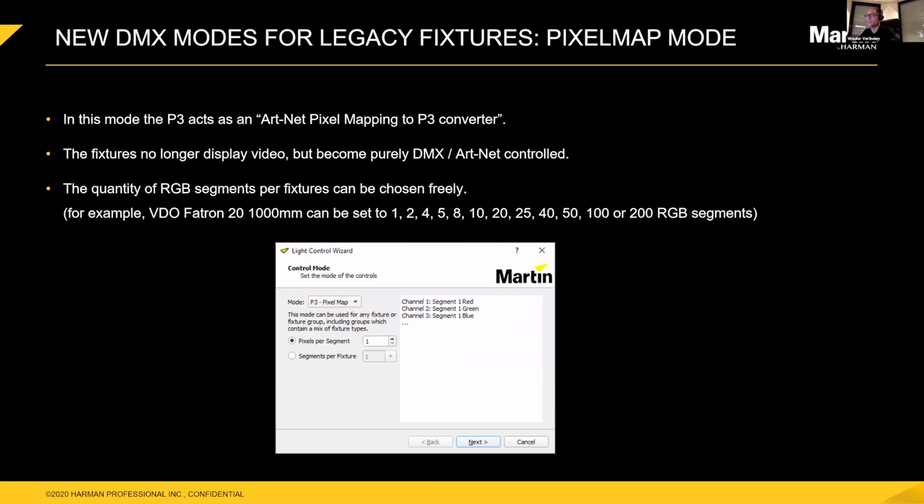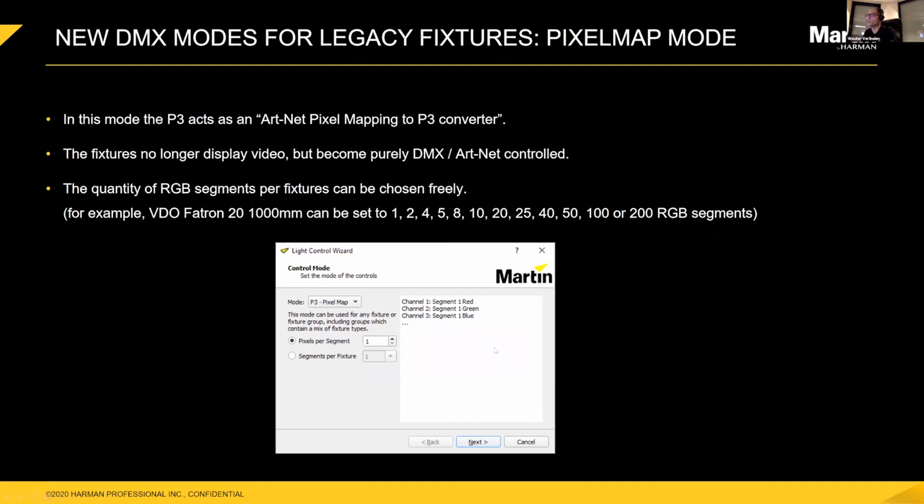When you put a fixture in pixel map mode, the P3 takes ArtNet in and resends it out to the fixture. The fixture never sees any video anymore. So this is when you just want to pixel map fixtures and you never want to run them in video. So it's basically the P3 becomes like an ArtNet to P3 conversion box.